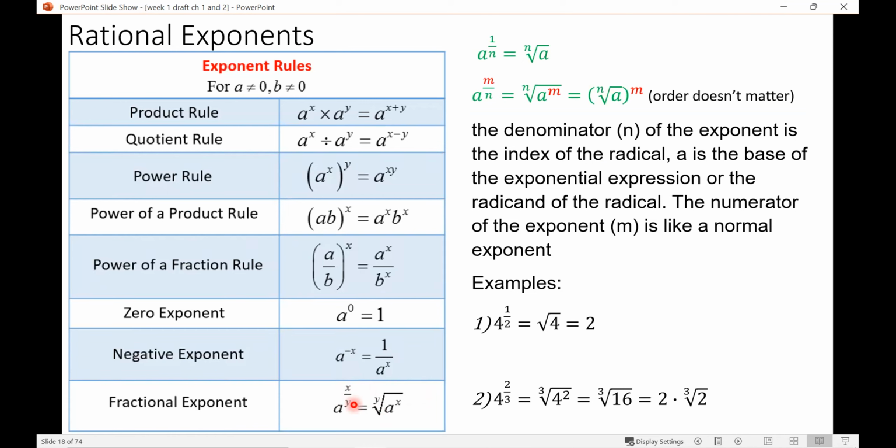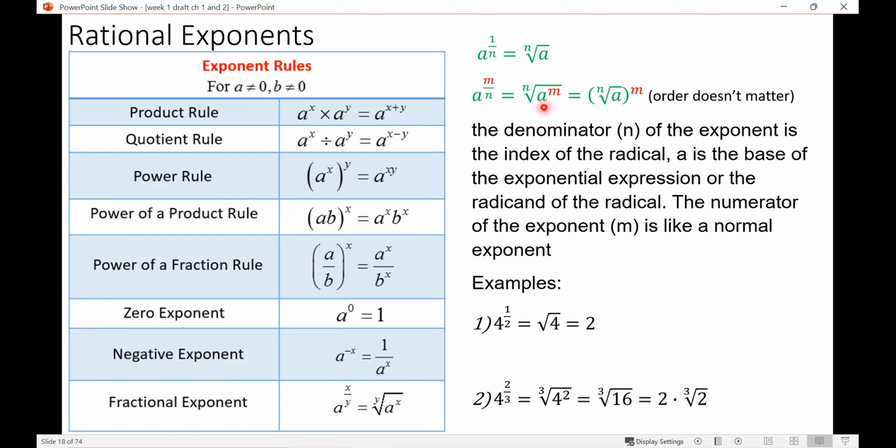So when we have a fractional exponent x over y, the numerator of that fractional exponent is still an exponent, but the denominator of that exponent can be translated as the index of a radical. Okay. If our numerator is just 1, then that fractional exponent really just is a radical.